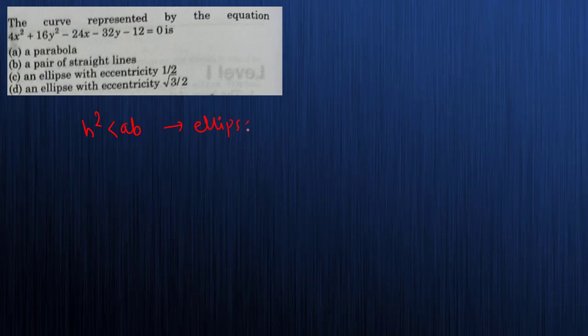Our second degree equation is ax square plus 2hxy plus by square plus 2gx plus 2fy plus c equals 0. In this equation, if h square is less than ab, then this equation represents an ellipse. So what is the h value here? This h is the xy coefficient, and we don't have any xy term here.